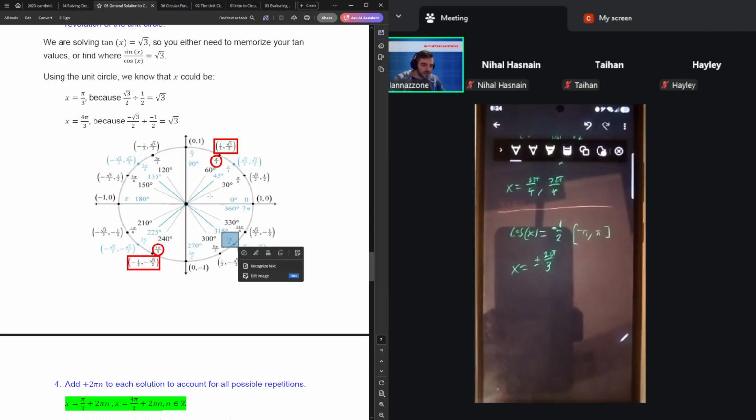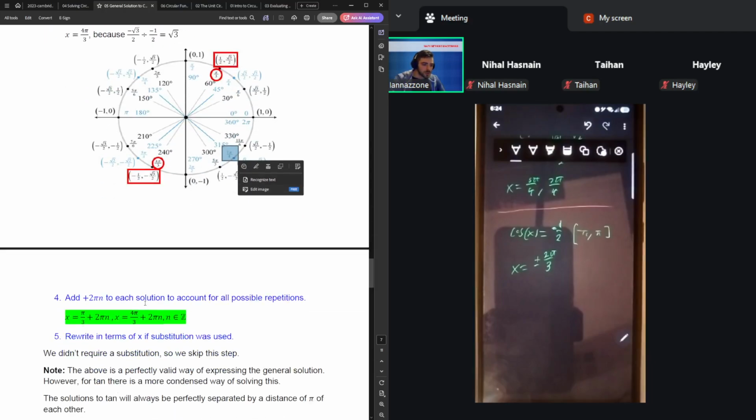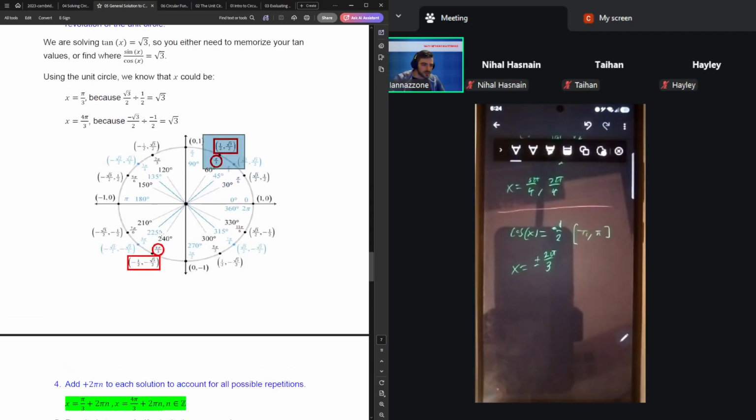Because they're off a diagonal on each other, instead of having two solutions and then adding 2 pi n on both of those, looping 2 pi's here and looping 2 pi's here, any diagonal distance between them is going to be a distance of pi, because that's half a circle, right? If you imagine drawing your half circle line via this diagonal, you'd have half on this side, half on that side.